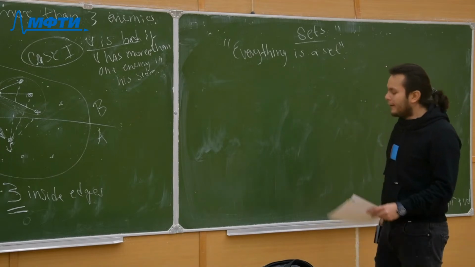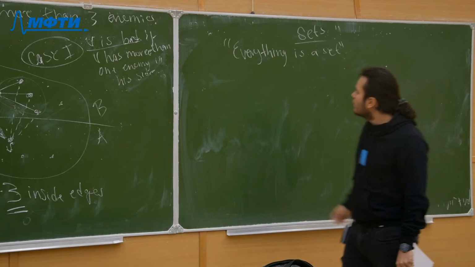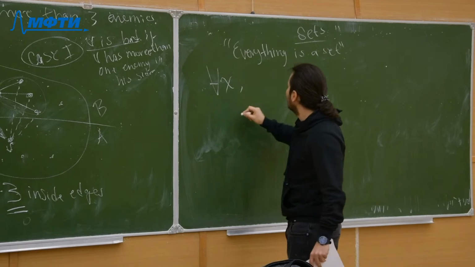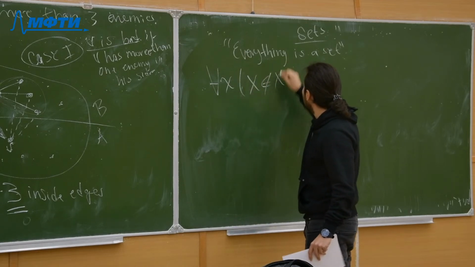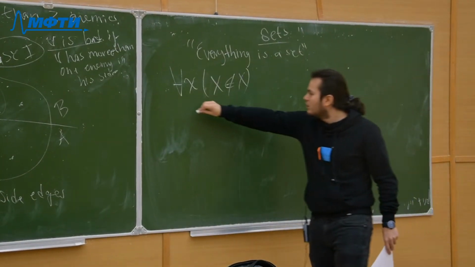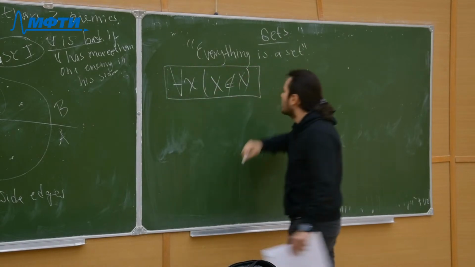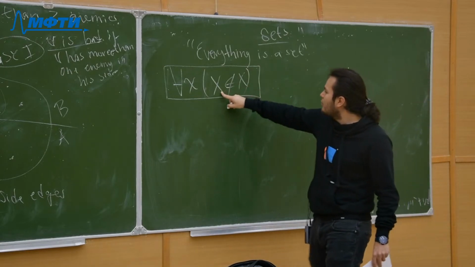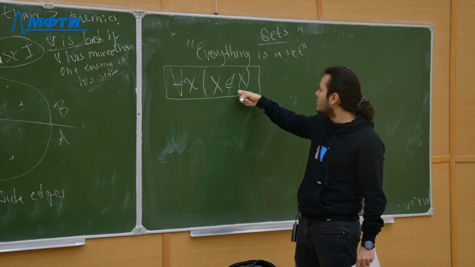Now, it's not possible, so for us, for all x, x cannot contain x. We have to take this into account always, okay? So no set can be contained by itself, okay? This is a rule.